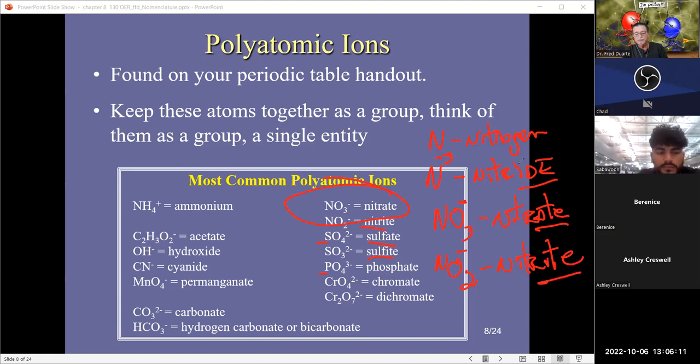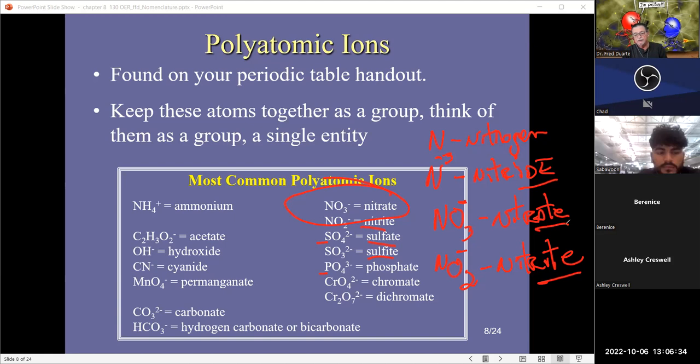The moment you read IDE, that should tell you we are talking about the single nonmetal element and its respective charge, whatever it may be, -3 to a -1. Hence, like I said, fluorine becomes fluoride, chlorine becomes chloride, okay?